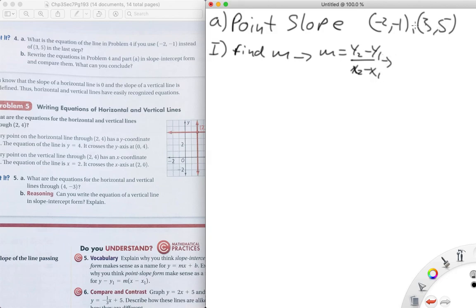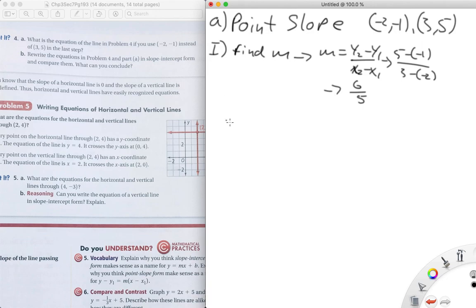In this case, we'll call these my 2's and these my 1's. 5 minus negative 1 over 3 minus negative 2. And that gives me 5 plus 1, that's 6 over 5. That's my slope.